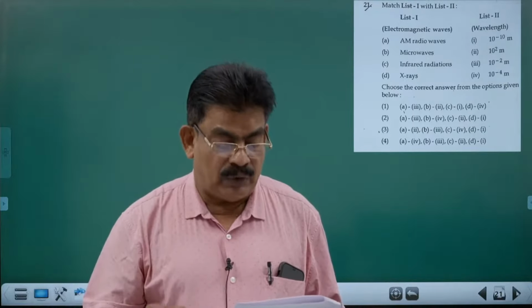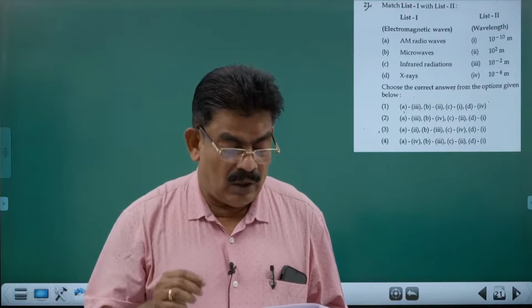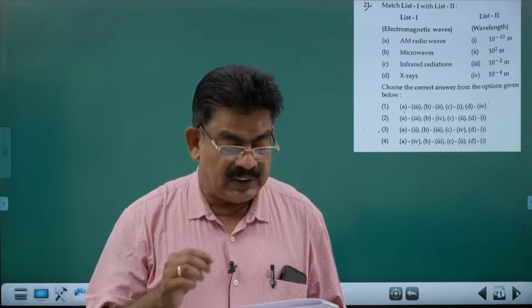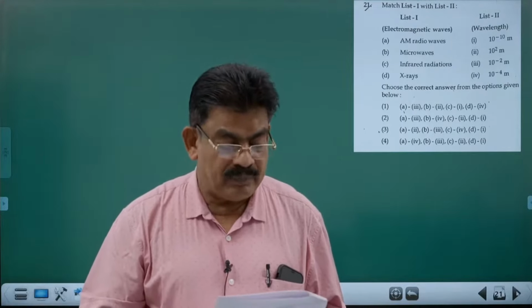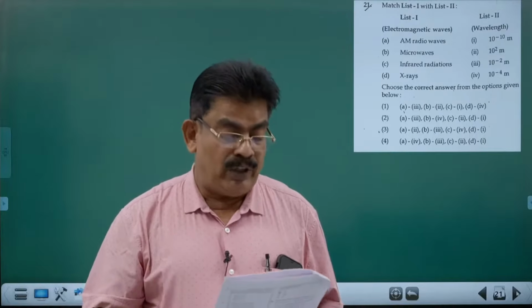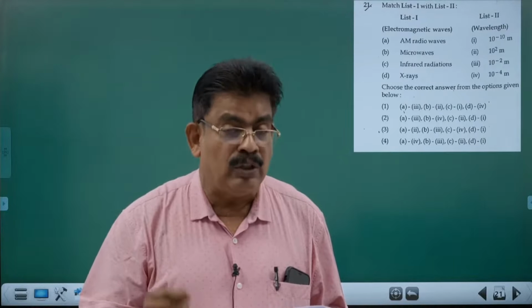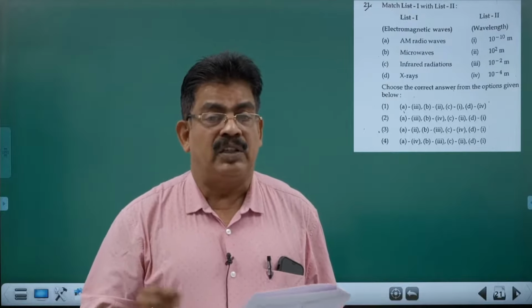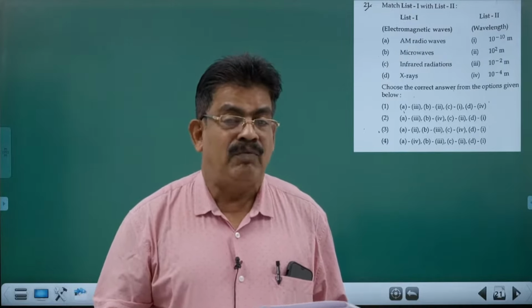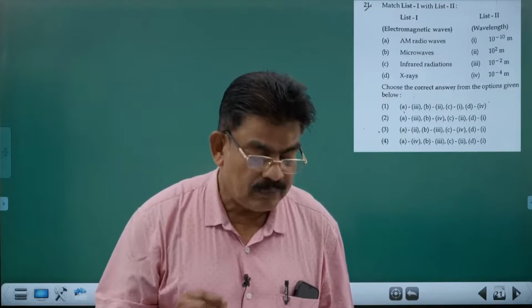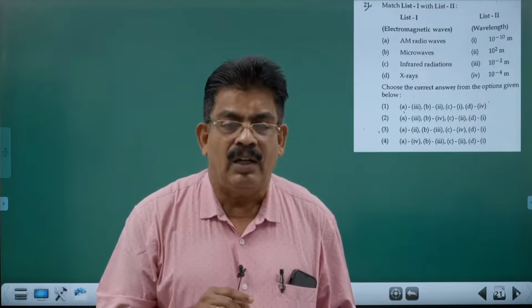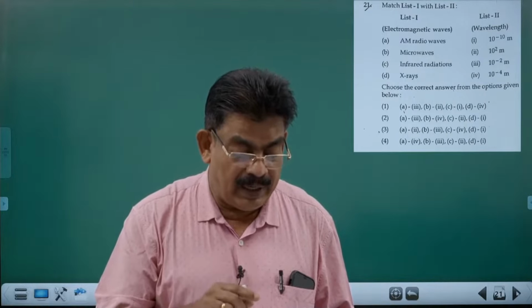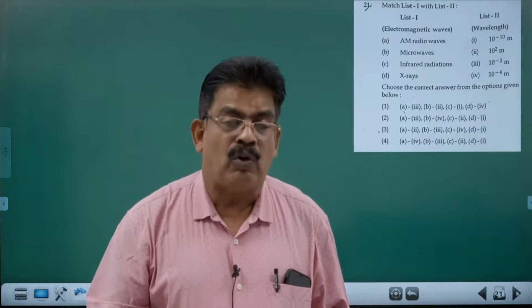That is D matching with 1. Then maximum wavelength is for amplitude modulated radio waves. Radio waves have got maximum wavelength. Therefore, option A matching with 10 to the power of 2.